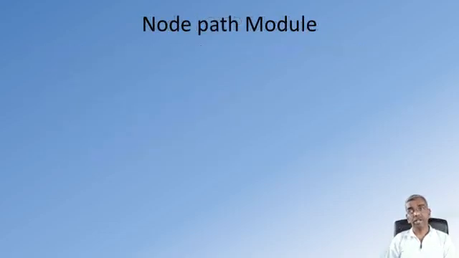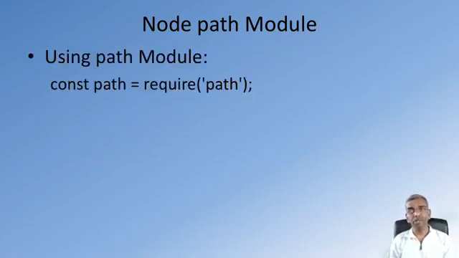Two other core modules that are useful for us when we are constructing the Node HTTP server are the Node path module and the file system module. The path module enables us to specify the path to a file and then examine whether the file exists or examine more details about the file, for example, the extension of the file name and so on. So the path module can be used within our application by requiring the path module as shown here.